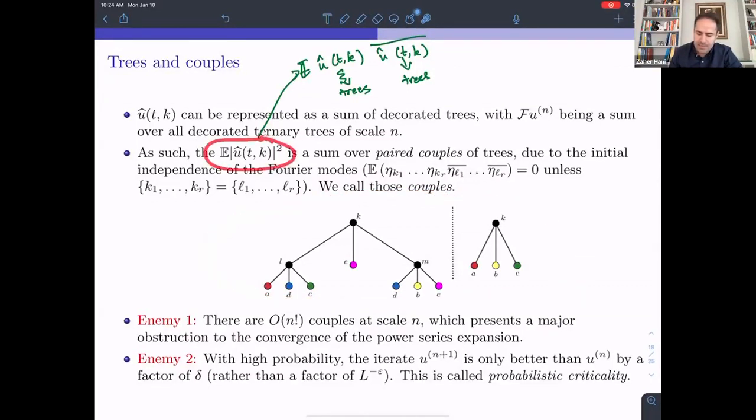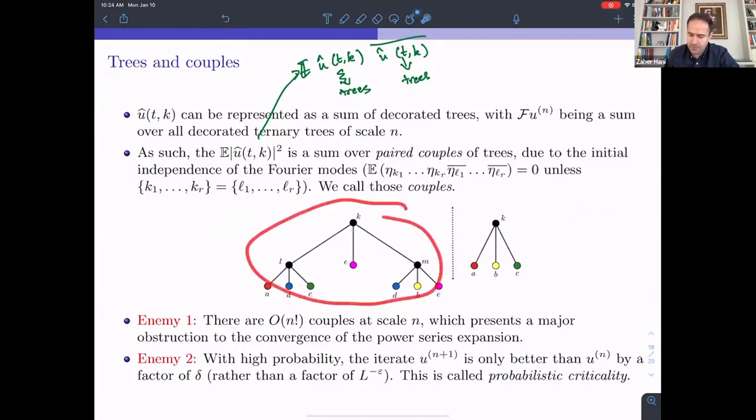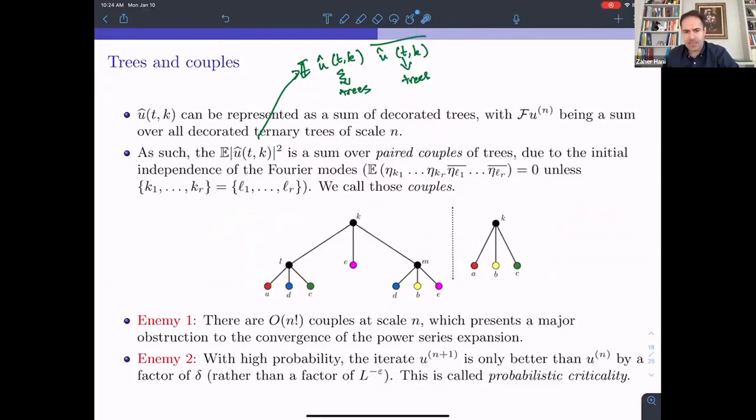What I end up with is that this variance is the sum over paired trees, one tree coming from this copy of u and another tree coming from this copy of u hat. This is an example of it. We call those couples. This is the tree coming from u, and this is the tree coming from u hat. The key point is that those trees are paired, by which we mean that the leaves of those trees are paired to each other.